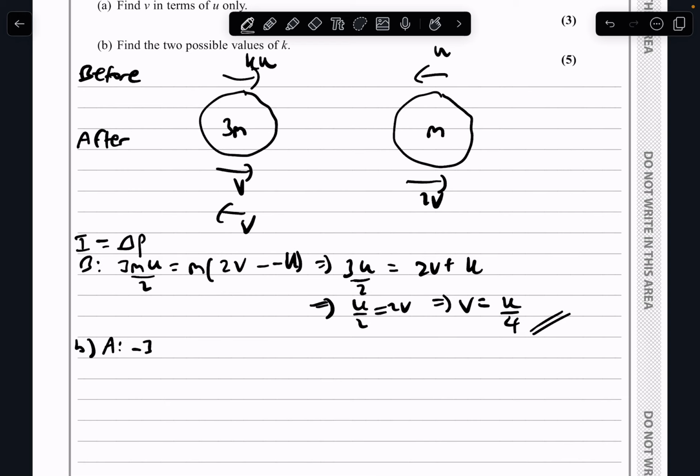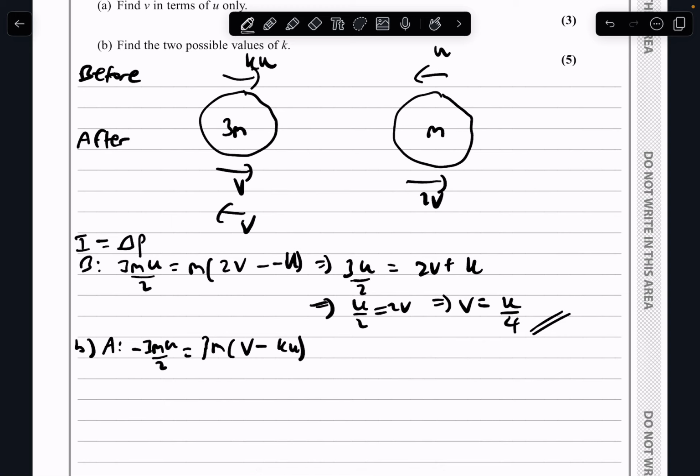So we're going to have minus 3mu over 2 being equal to 3m, that's the mass, times the change in the velocities, which is going to be the v first, and then I'll do minus v later, minus ku.